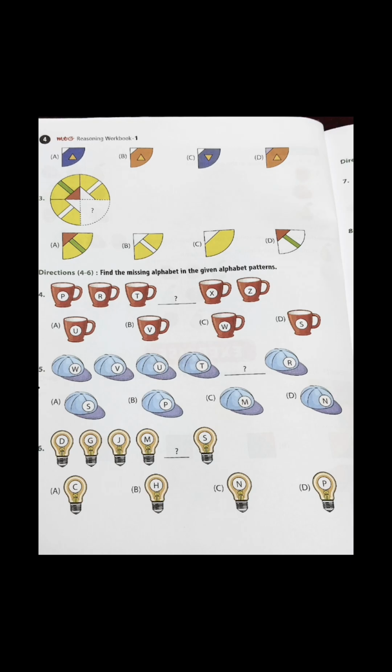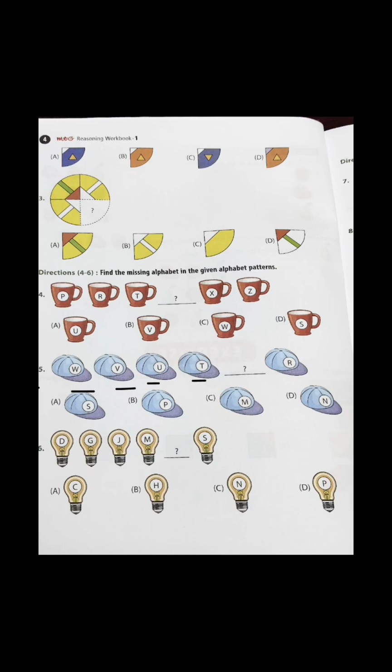In question number 5, the next pattern is W, V, U, T. So let's see what rule is applied here.